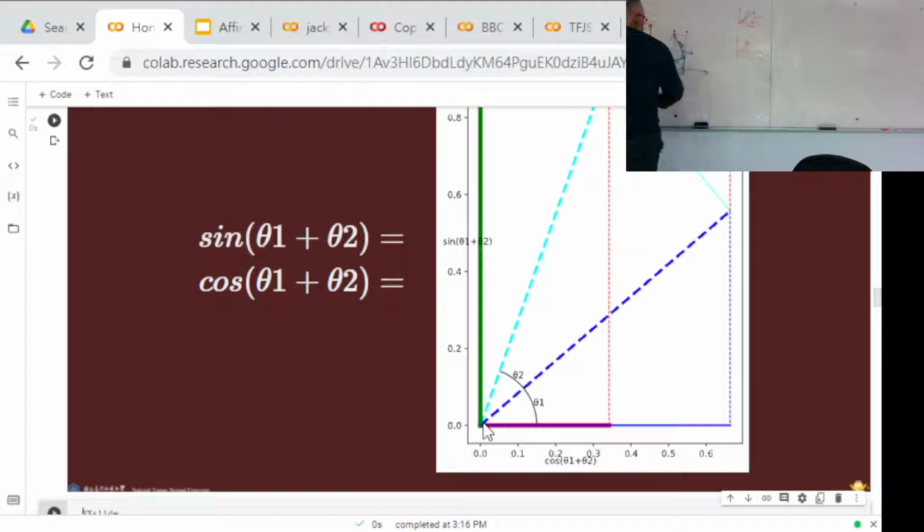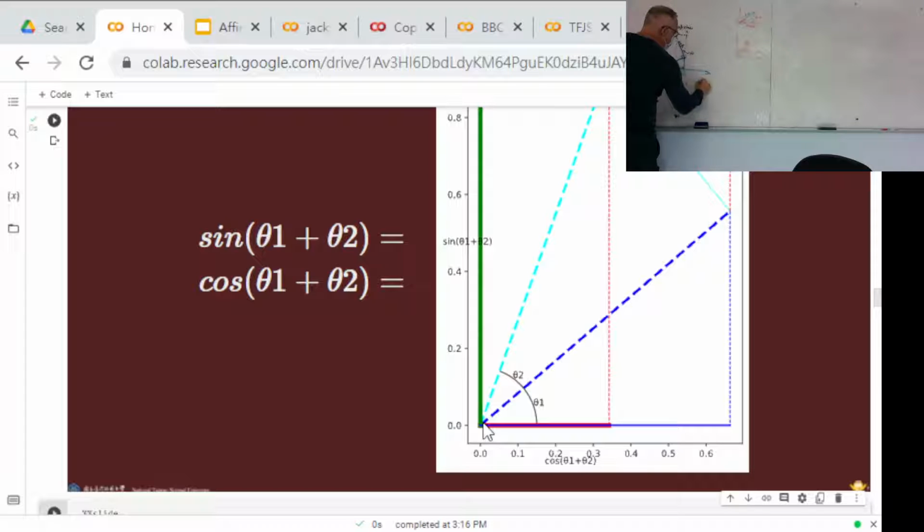So we have sine beta, and this part here is now sine beta multiplied by sine alpha. So that distance is this distance minus this distance.